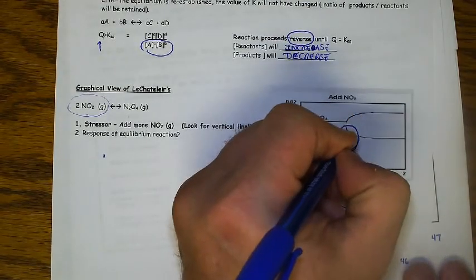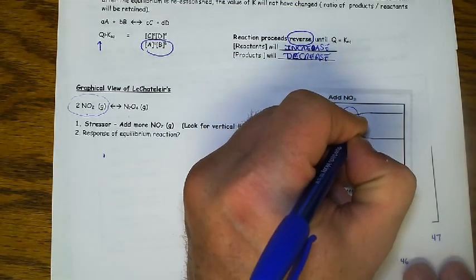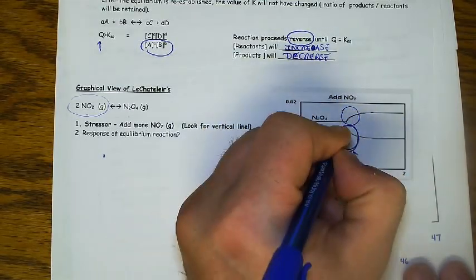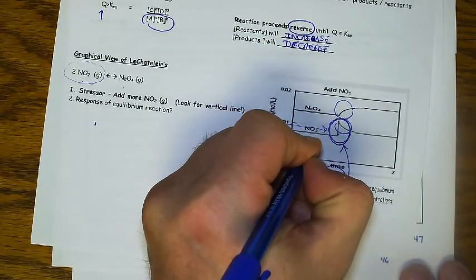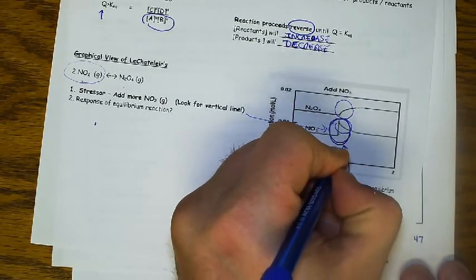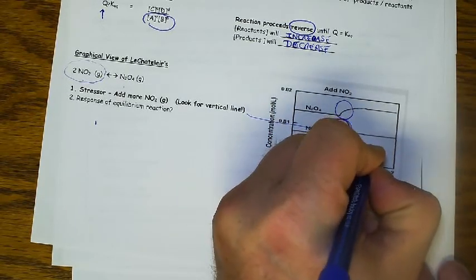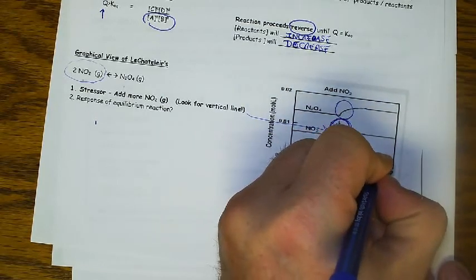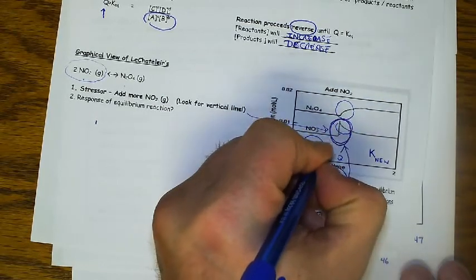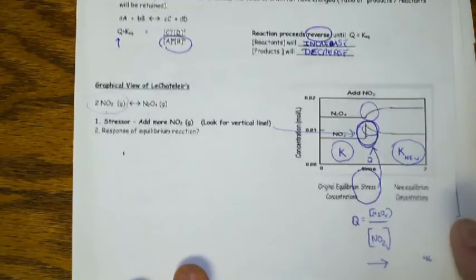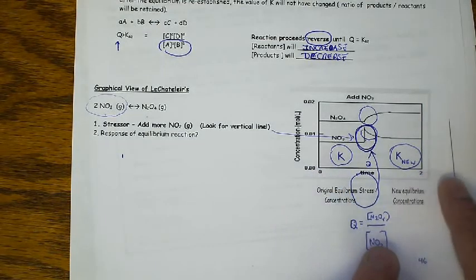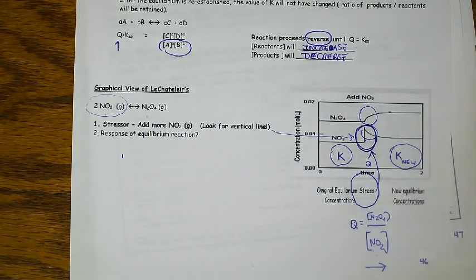And we know that because notice, after that happens, the product molarities go up and that NO2 goes back down. And notice here, here's our K original. Here, our Q has gotten smaller, and K new. These two right here, after equilibrium is reestablished, are the same. And they become the same because after we added NO2, some of that NO2 will shift and react and become N2O4 until Q equals K.